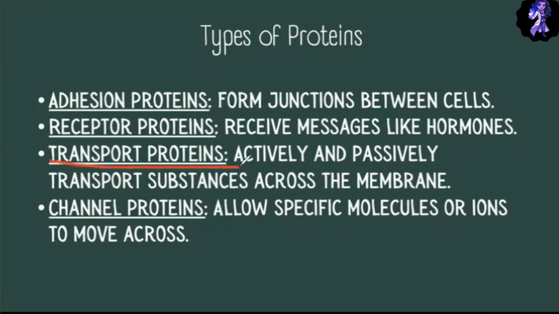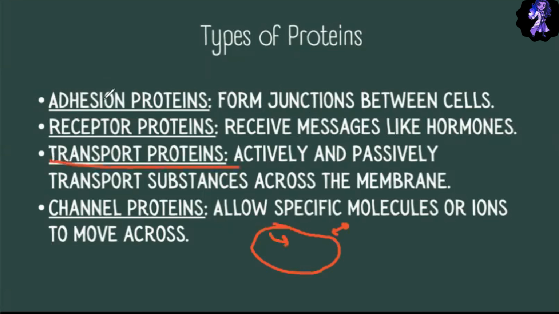Then we have transport proteins. So transport proteins are working to ensure that they move items across the membrane itself. Then you have receptor proteins. So the receptor proteins are basically there's something on the outside that attaches to a receptor of the cell, and that is called a receptor protein, oftentimes associated with hormones.